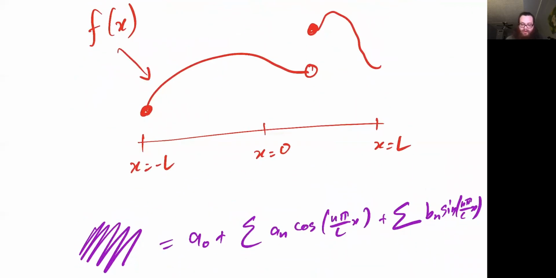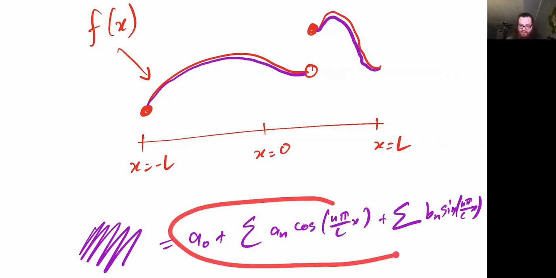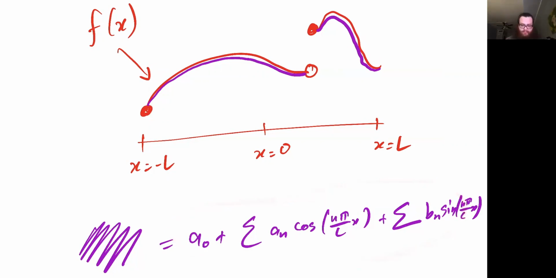The theorem says that wherever f is continuous, so it looks like along here, f is continuous, what does a Fourier series give us when we plug in values of x? Well, it's going to give us the exact same value of f. Likewise, that's meant to be on top of one another. Likewise here. So wherever f is continuous, this Fourier series is going to be exactly equal to f.